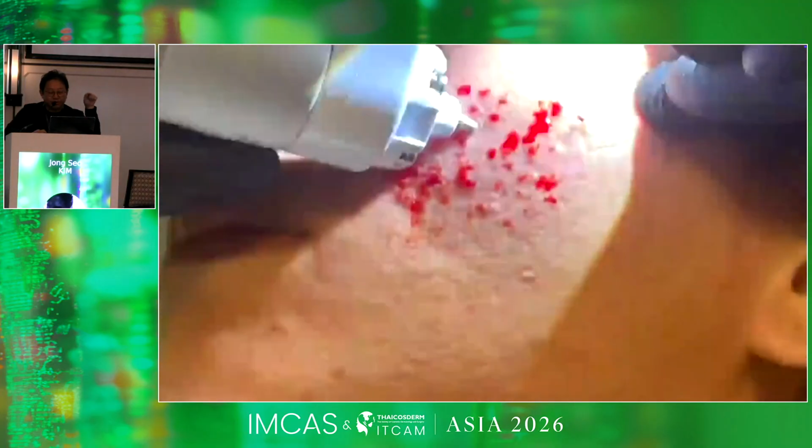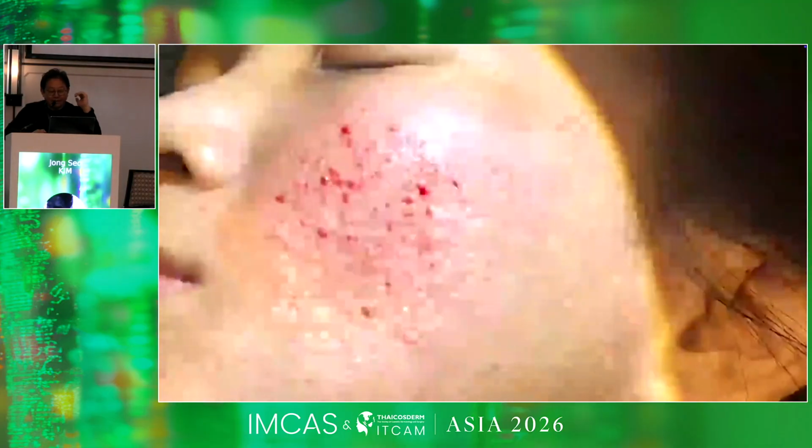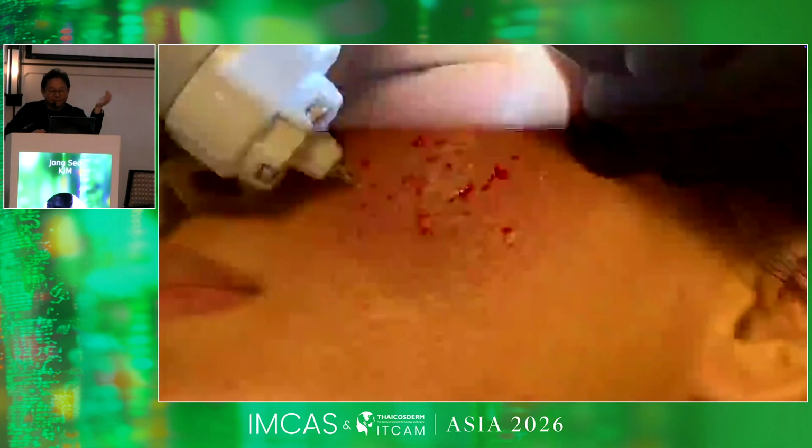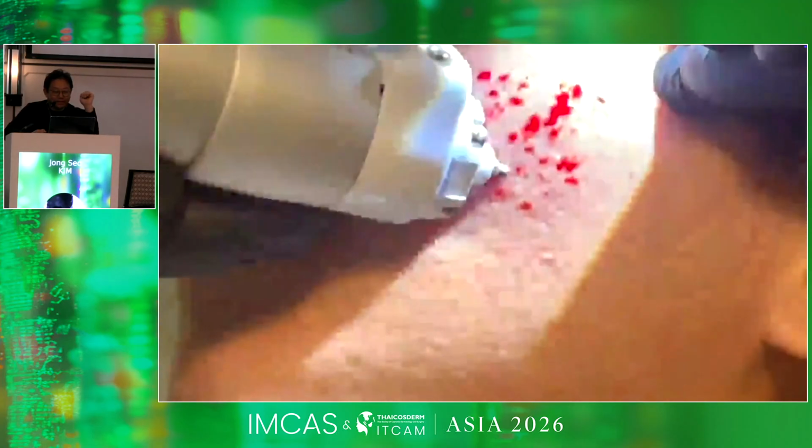This creates subcision and replacement at the same time. It is more than injection, it's a dermal graft, a dermis graft. We are placing real dermis into the damaged, depressed dermal tissue like this.